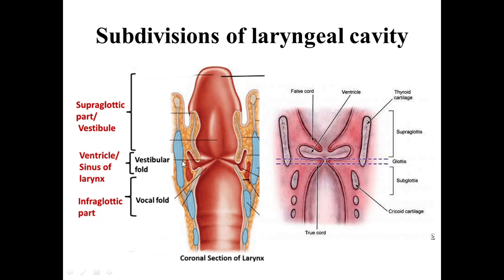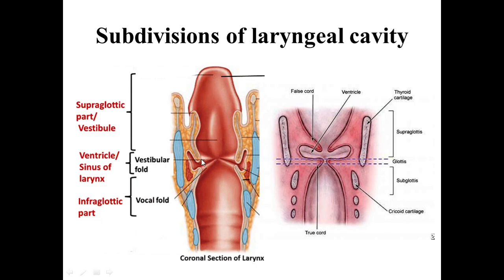This is the cut end of the lamina of thyroid cartilage. So this recess extends laterally towards the lamina of thyroid cartilage, and this ventricle has a diverticulum which extends upwards. So this is the diverticulum, and this diverticulum is called the saccule of the larynx.